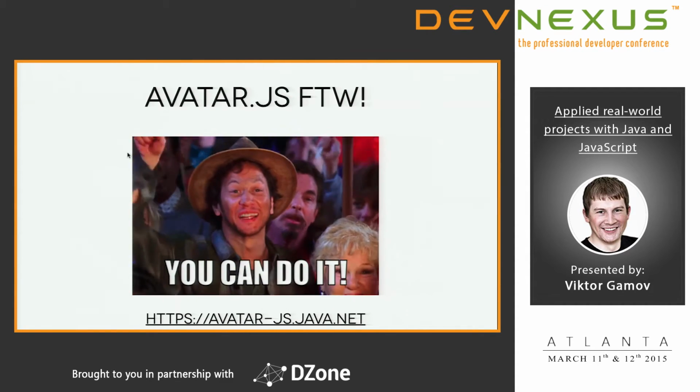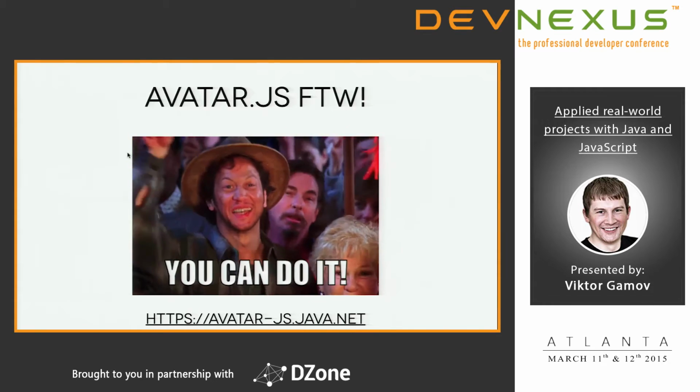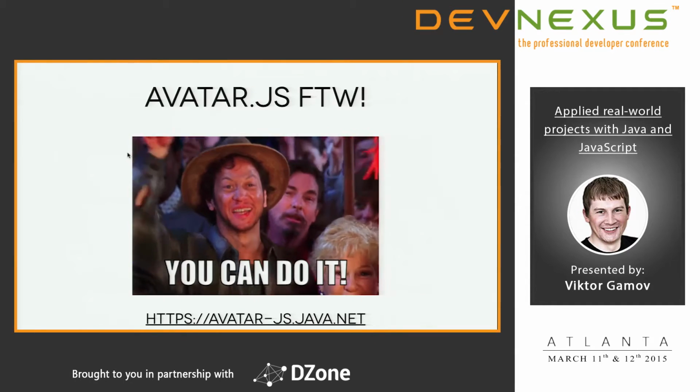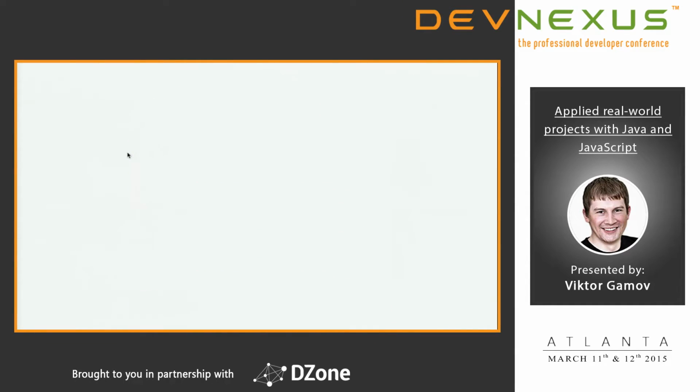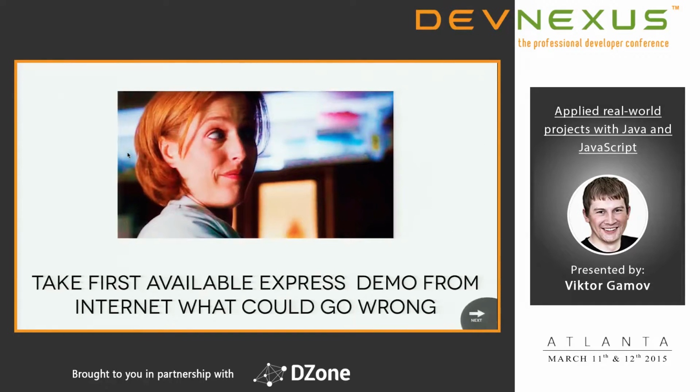Yeah, and this was a good promise, and Avatar.js was actually a very good thing in terms of the future. Let me show you a quick demo. When I did this demo the first time at JavaOne last year, I said, okay, let me take the first application that I found in Google written in Node.js, and at least it would be relatively complex.